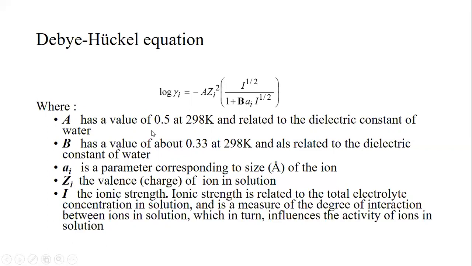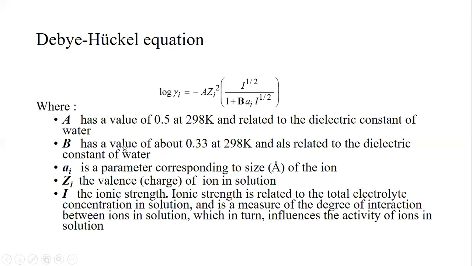A has a value of 0.5 at 298 Kelvin, and is related to the dielectric constant of water. So this is pretty much constant. So you should know it. You should remember this. This will not be given to you in the exams. A, you have to know the value of it is 0.5.